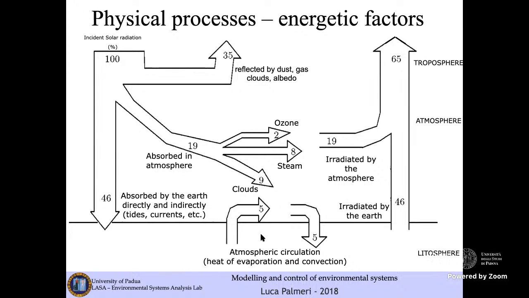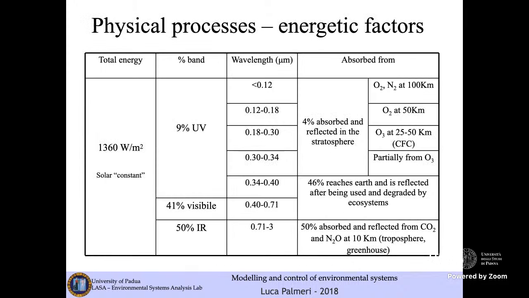This is related to the heat of evaporation and convection of fluid. So if you sum 19 and 46, you obtain 65. So in the troposphere, you have restitution of the total radiation that has arrived to the planet. In this way, we say that the energetic balance is closed.